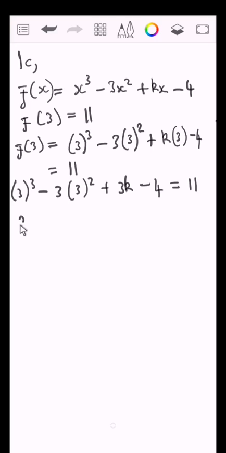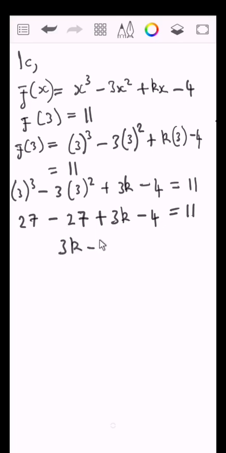Saka panapa we have 27 minus then 3 squared ndi 9, 3 times 3, then 9 times 3 ndi 27. Saka pano tina futi 27. Then twatati plus 3k minus 4 is equal to 11. 27 minus 27 ndi 0. Then 3k minus 4 is equal to 11.